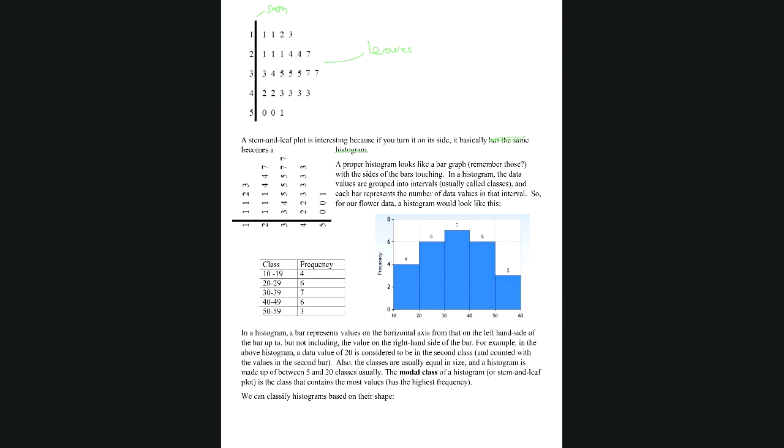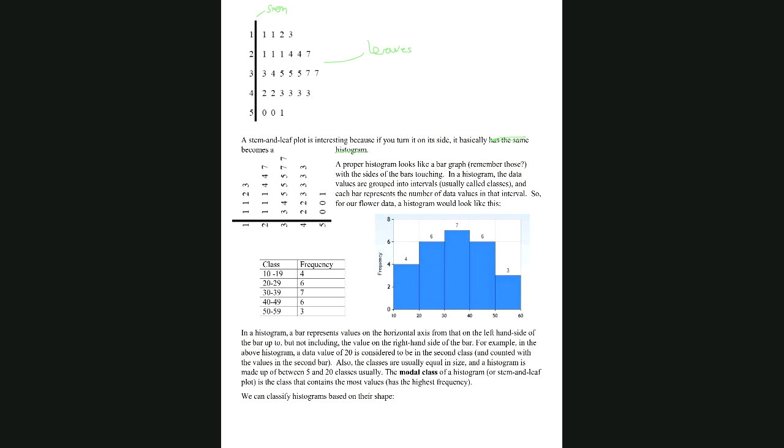So here is a stem and leaf plot for the above data on its side, and you can see it looks sort of like a bar graph, doesn't it? Well, a histogram is a bar graph, right? Do you remember those from some other classes that you may have taken? It's a bar graph, but the sides of the bars are touching.